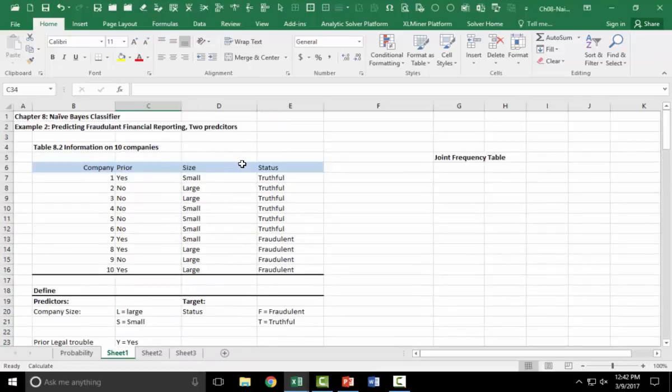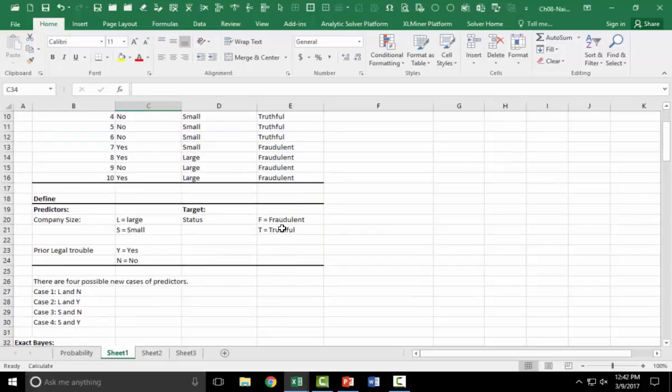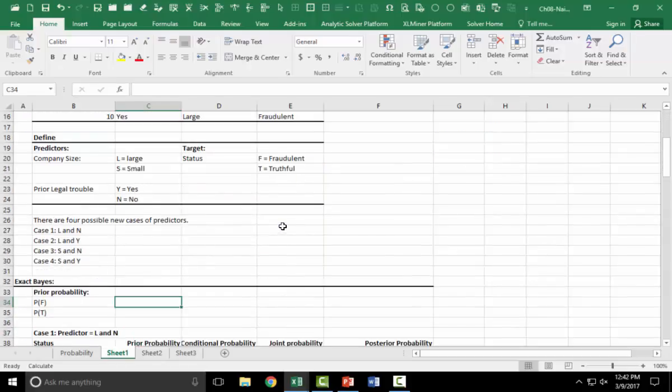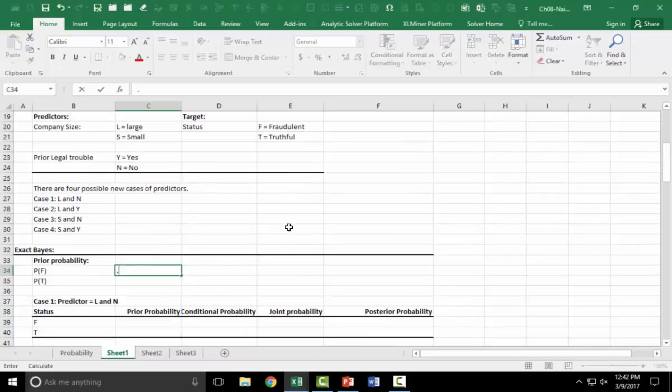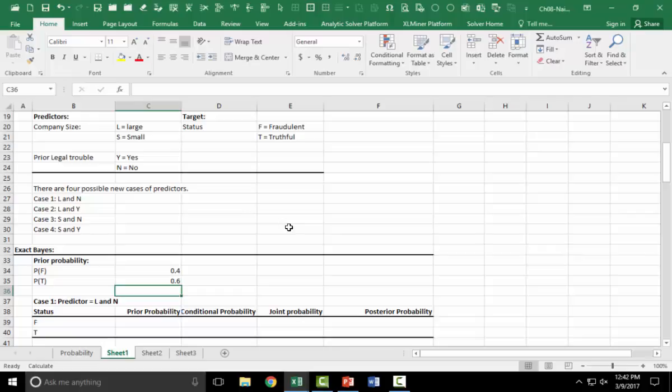Here there are only a few records, it's no big deal, so we can just count. We know that 4 out of 10 are fraudulent and 6 out of 10 are truthful. So we can simply type in 0.4 and 0.6. Okay, it's possible to do it that way.